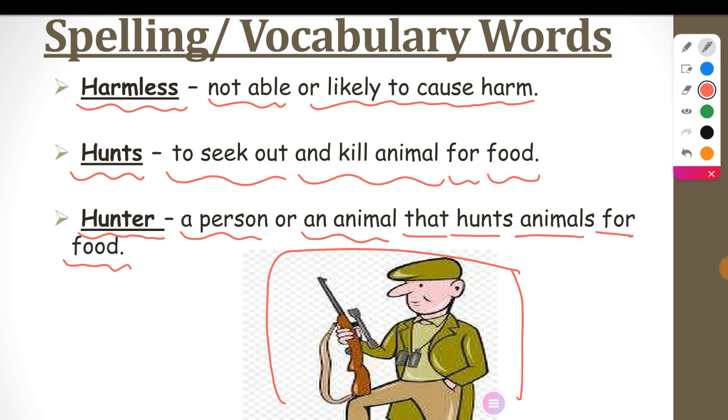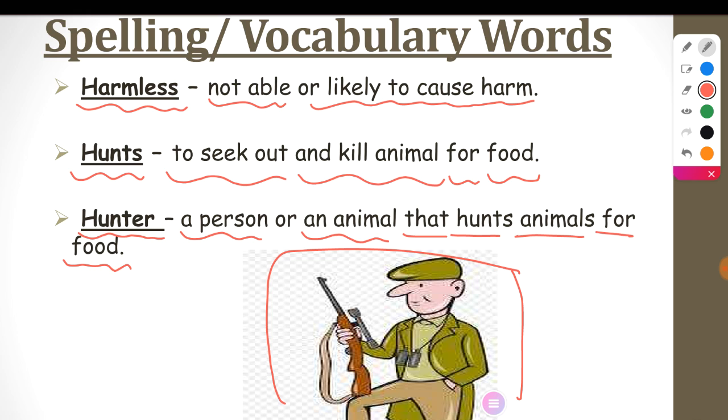And there is a hunter also in our topic, shark. The name of this shark, I think, is a great white shark. It is called a hunter of the sea, where it hunts and eats sea animals for food.